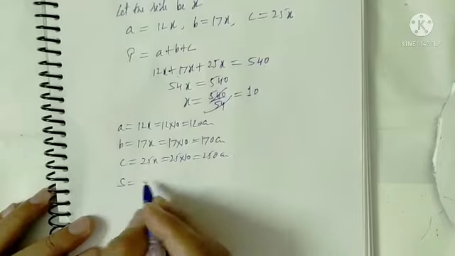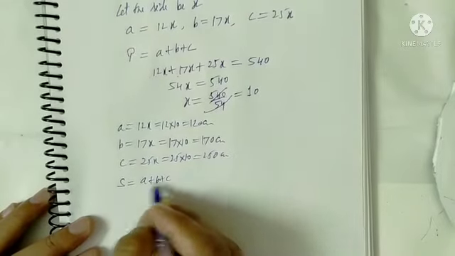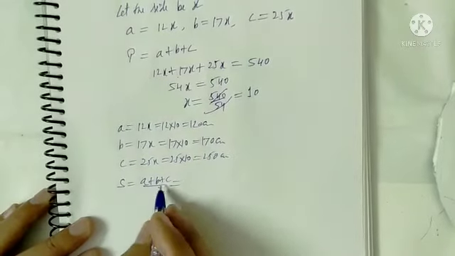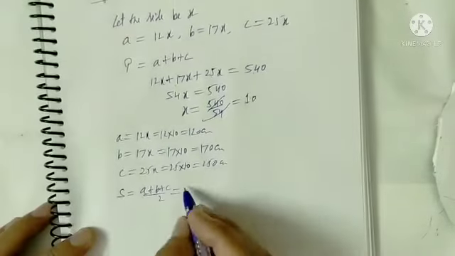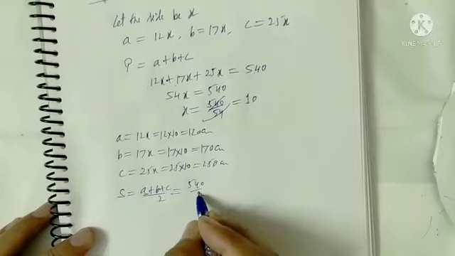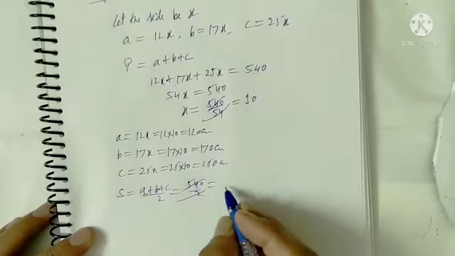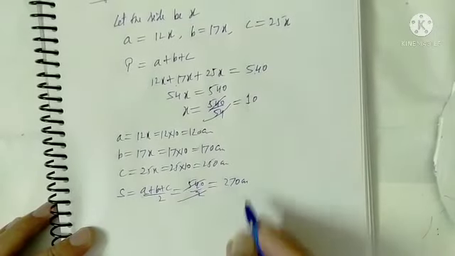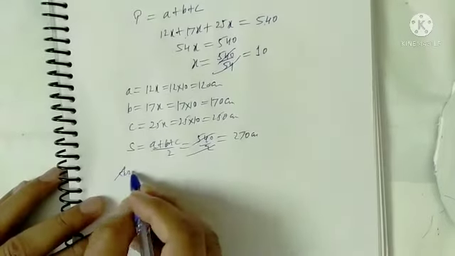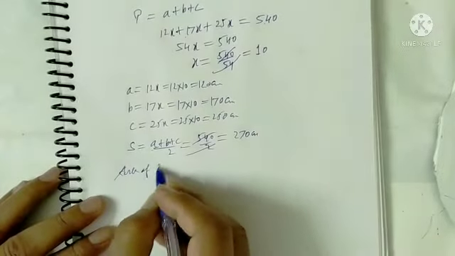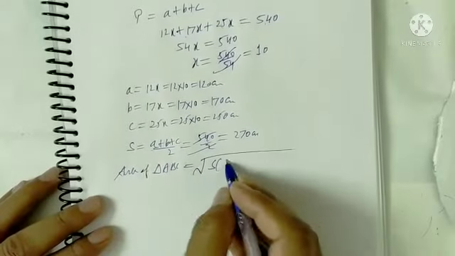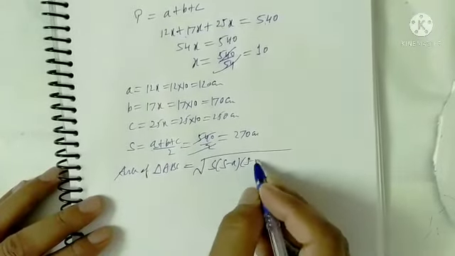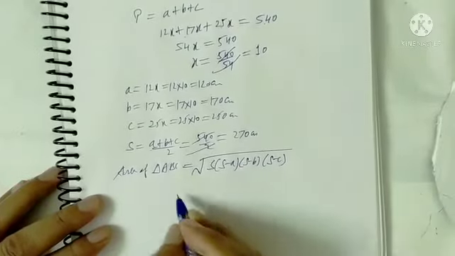Now hereafter take out easily. So s is equal to a plus b plus c upon 2. Now already s means semi-perimeter, a plus b plus c is given here. What is that? 540. So 540 upon 2. If you divide 540 upon 2, what will come here? 270 centimeter. Now take out area. The area of triangle ABC is equal to under root s into s minus a, s minus b, and s minus c.